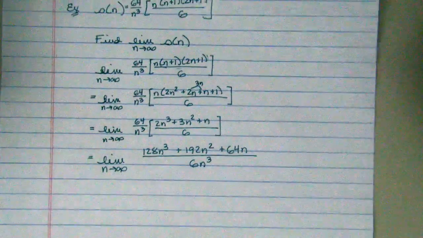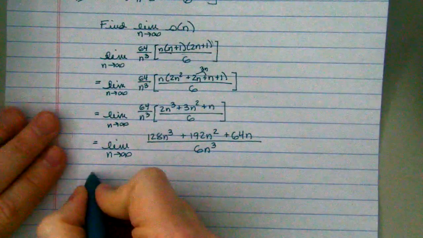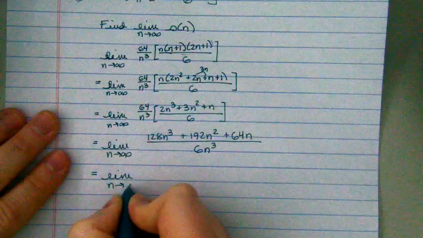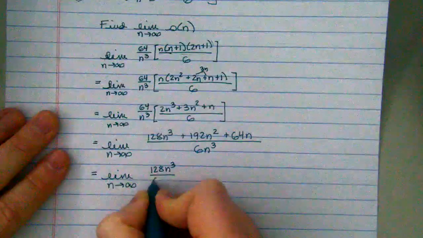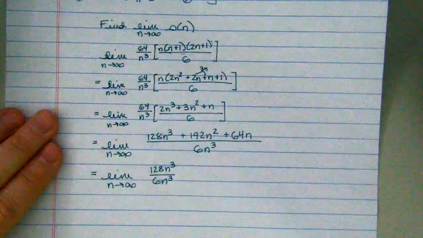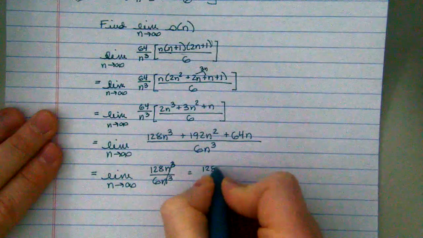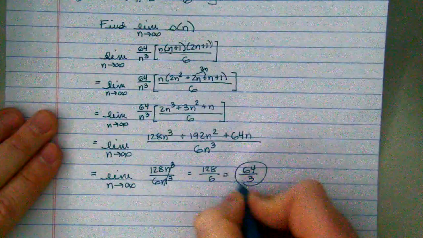Well, hopefully now you feel like it is in a good form. I can rewrite this as the limit of the ratio of the leading terms. So the limit as n approaches infinity of 128n cubed over 6n cubed. And cancel the n cubes. My limit is 128 over 6, but I can do better than that. I can say my limit is 64 over 3.